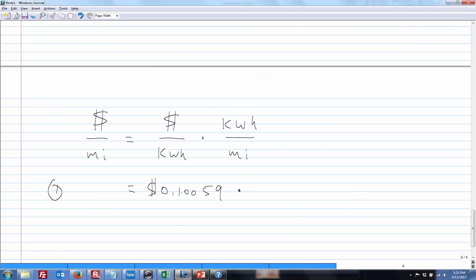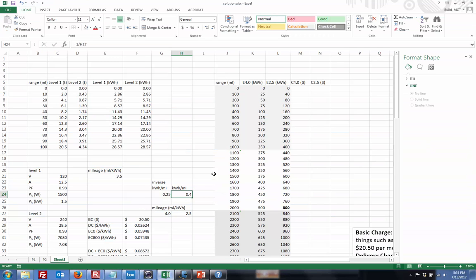It's 0.4, so more expensive times 0.4 per mile equals, this would be in dollars per mile, basically, is what we want.